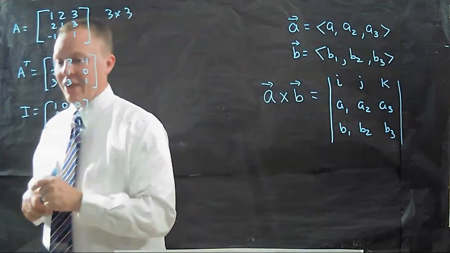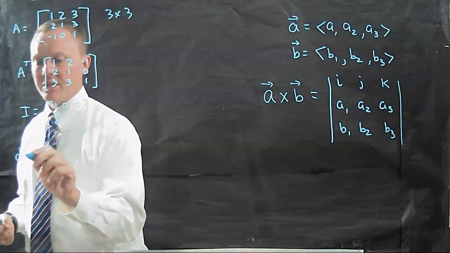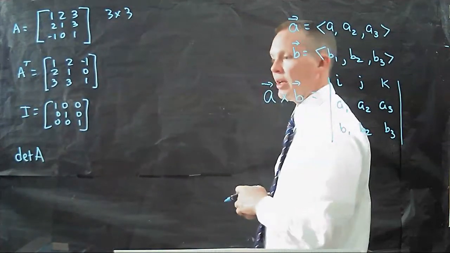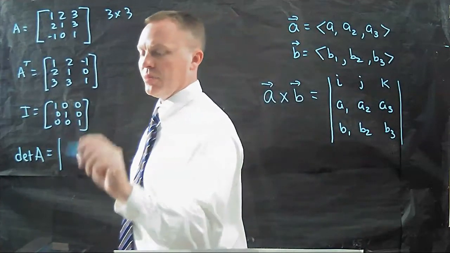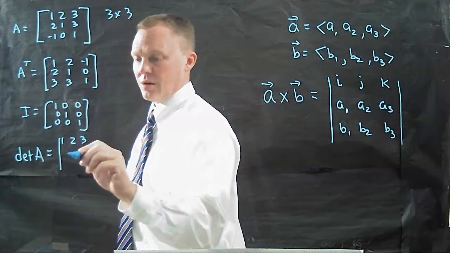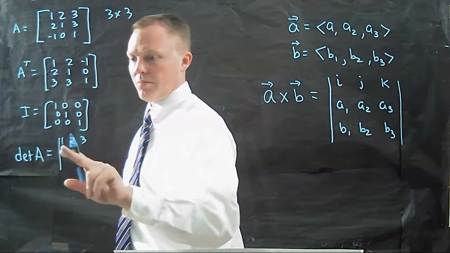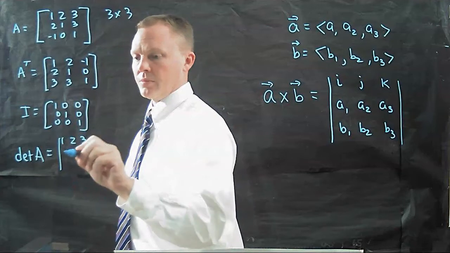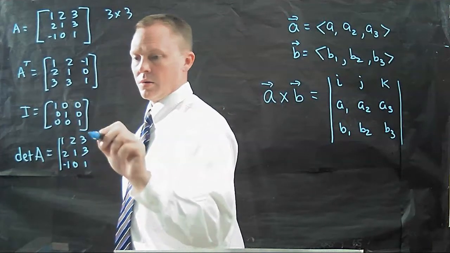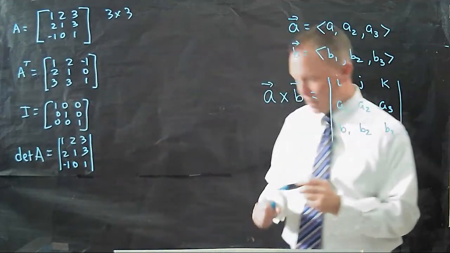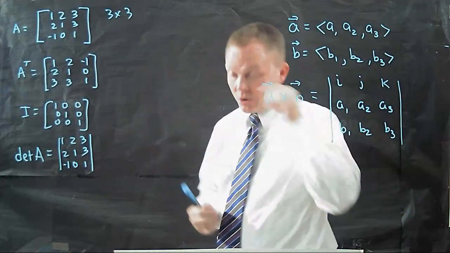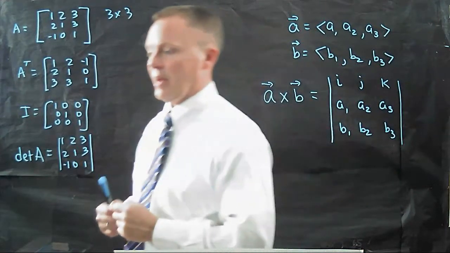Well, another thing that you can do to a matrix is something called the determinant. And what the determinant is symbolically is you put absolute values around it. Like that. If you put absolute value bars around it, that's how you denote you're taking the determinant of that matrix.